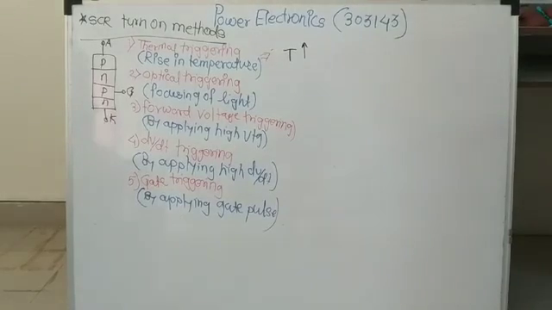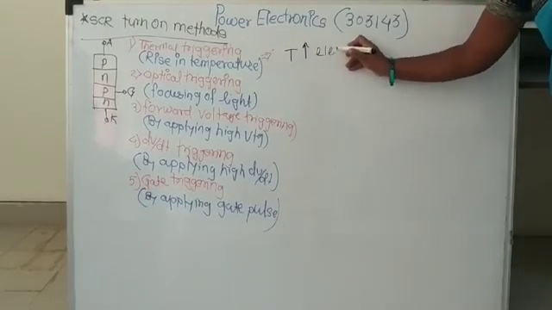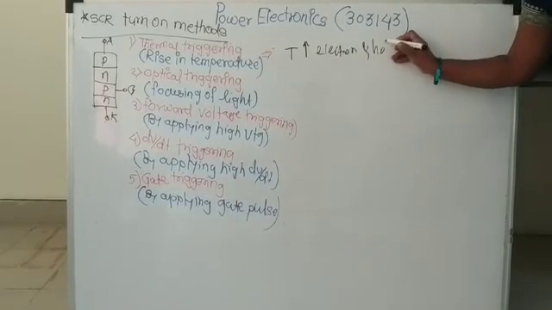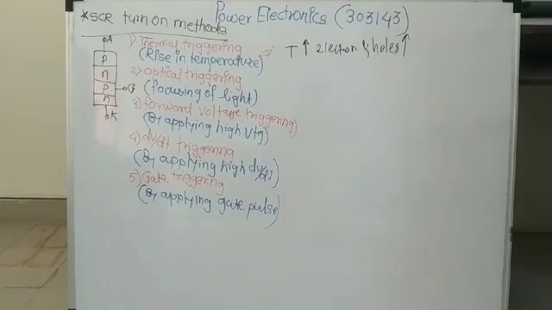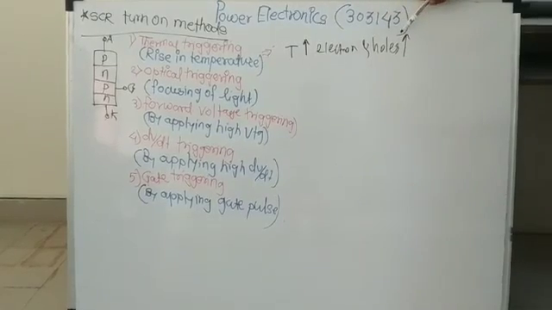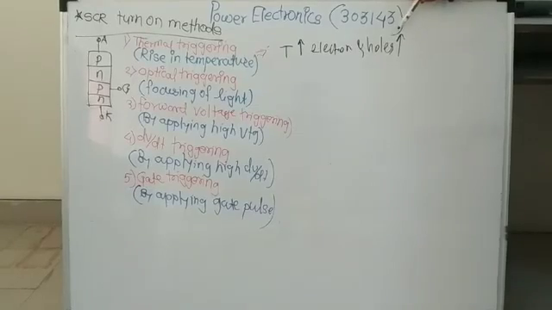When we increase the temperature, at that time the electron and hole pairs also increase. Because when we increase the temperature, the movement of electrons and holes increases. Means when temperature increases, electron hole pairs increase.